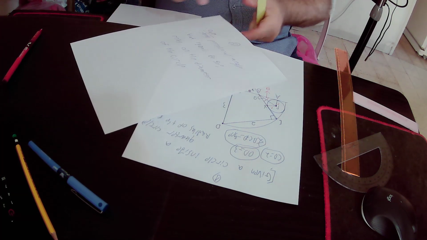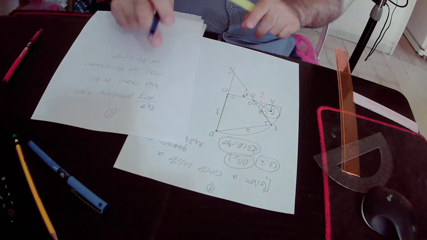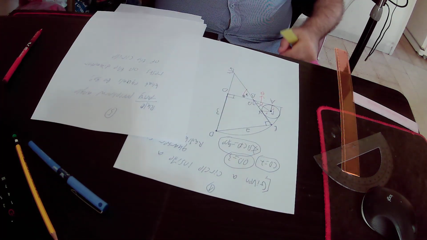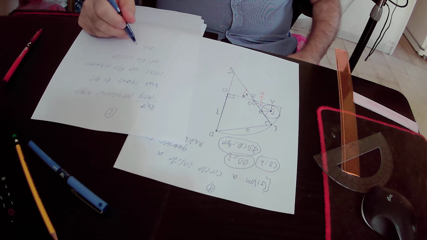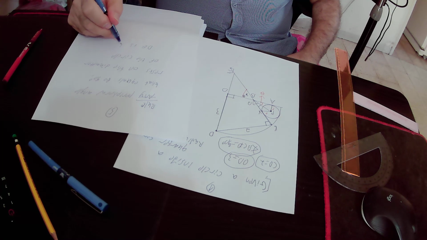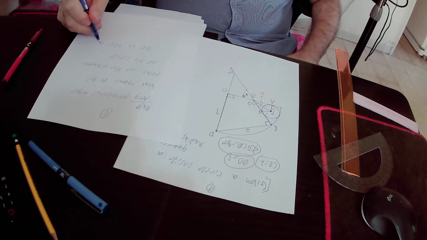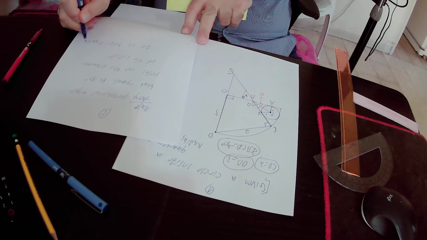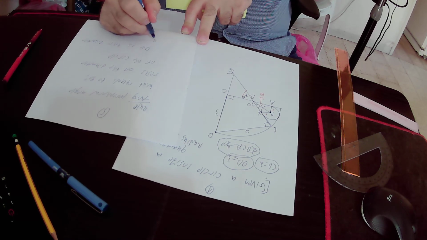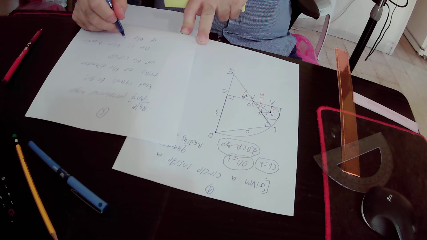Okay? So according to this rule, DE is the diameter of the quarter circle.